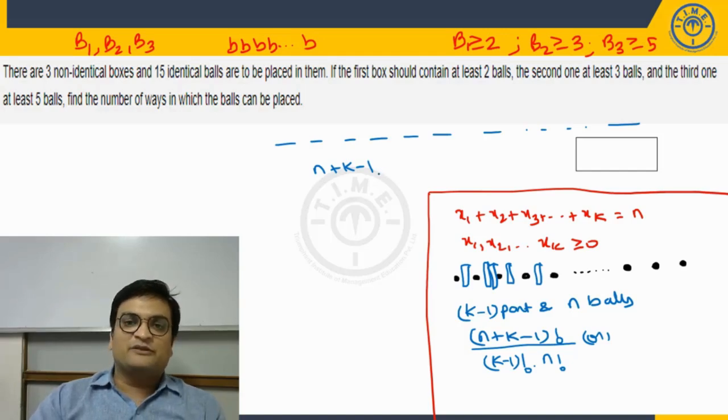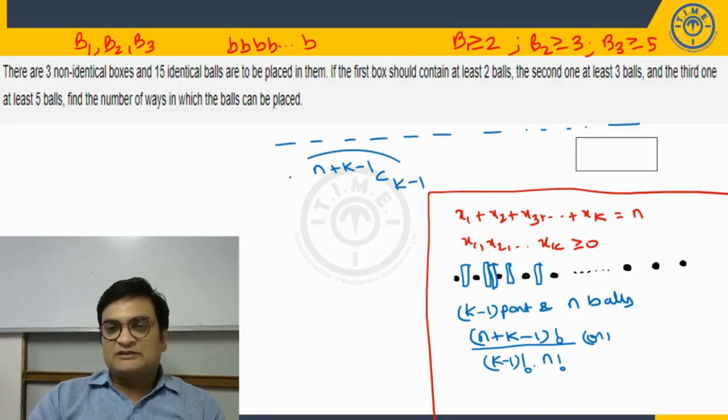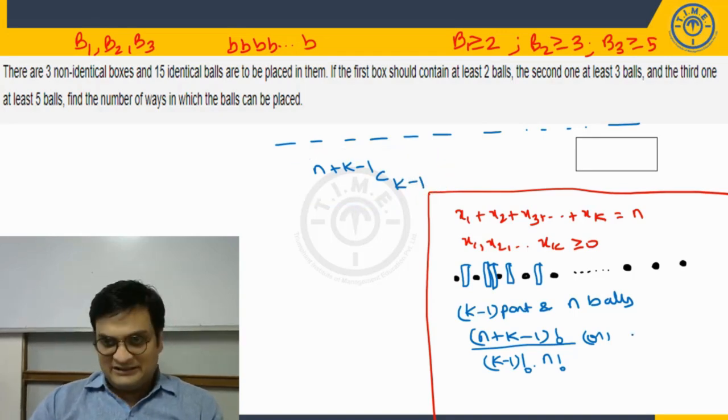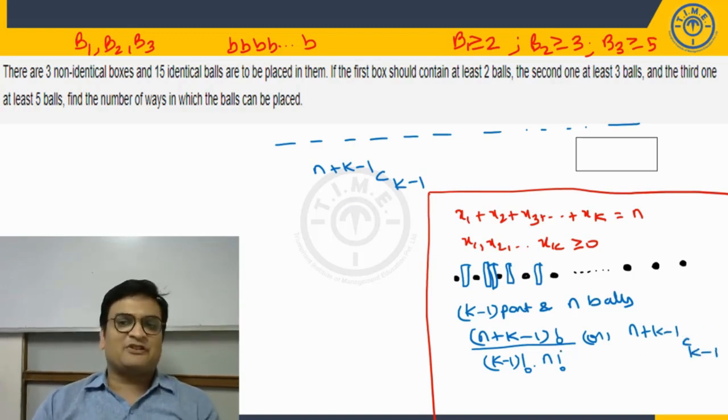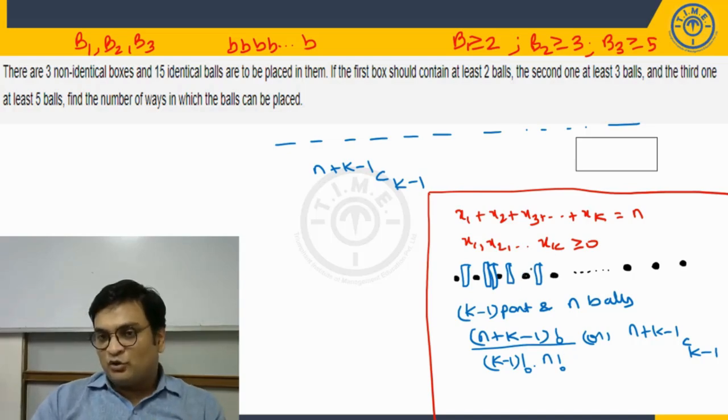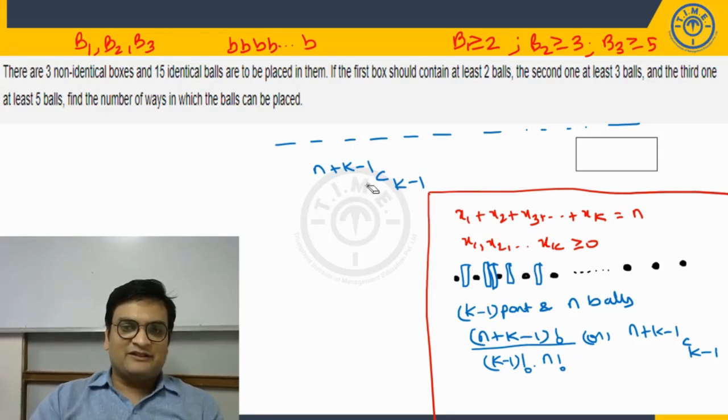So in how many ways can I do it? n plus k minus 1 C k minus 1. This is the number of ways in which you can place the partitions. When you expand this nCr, you will get the same expression. So when you're talking about whole number solutions, the answer can be either this or this. Either way you will get the answer.